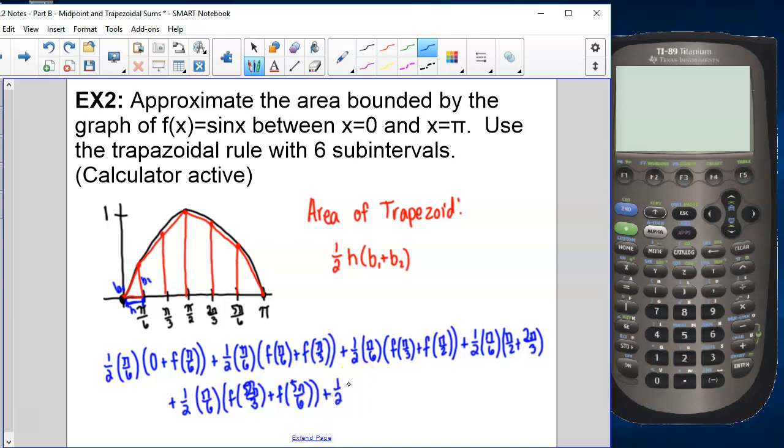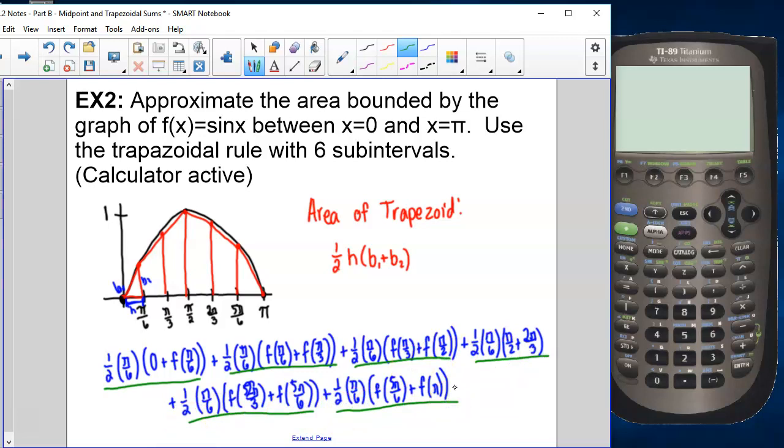And the last one, 1/2 times pi over 6 times f of 5 pi over 6 plus f of pi. A lot of times when I do these, because they get so long and drawn out, I like to double check. I've got 1, 2, 3, 4, 5, 6 trapezoids there.